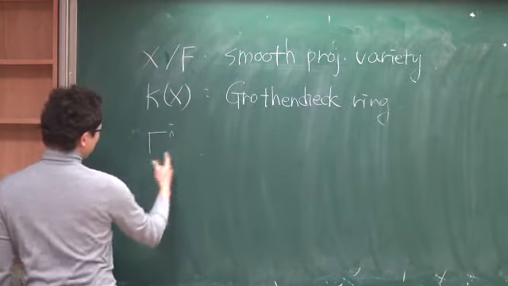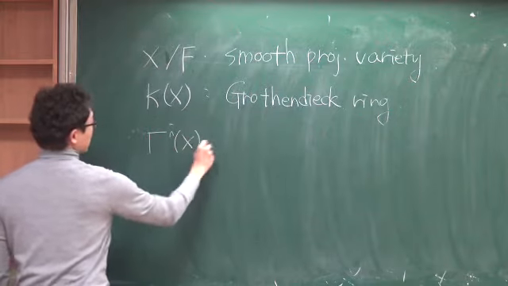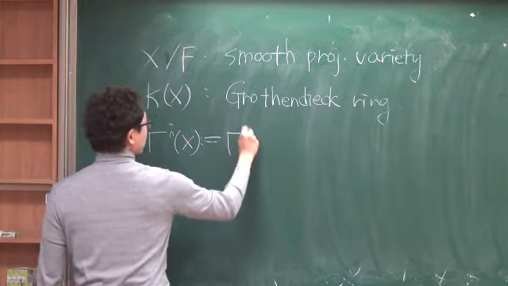We denote the gamma filtration by gamma of X, for the gamma filtration.